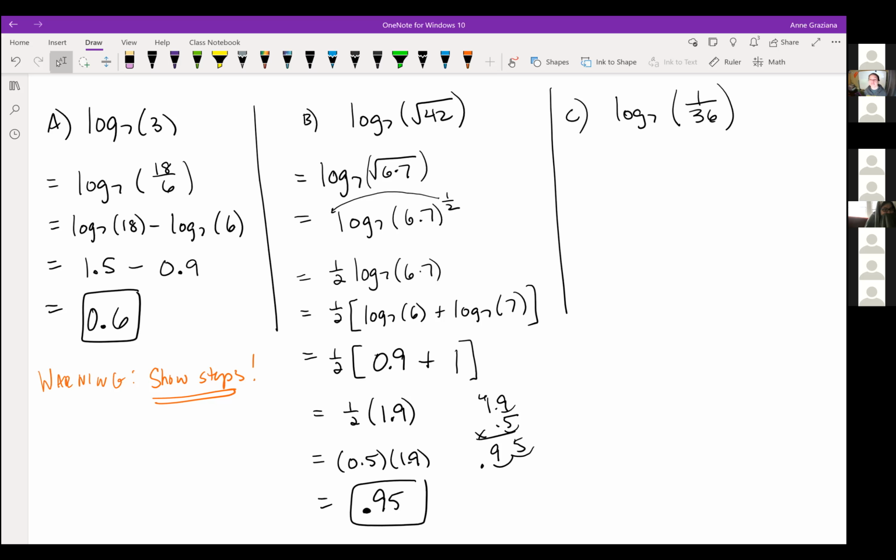I did the log 7 of 1 and then minus log 7 of 6 squared, or 2 log 7 of 6, I guess. All right, let me just show all the steps. So first you break it out into the subtraction, and then you're right, we can see that this is going to be log base 7 of 6 squared, and we like 6 because we know something about 6. And then you bring your exponent down.